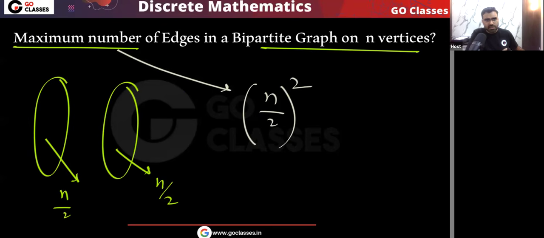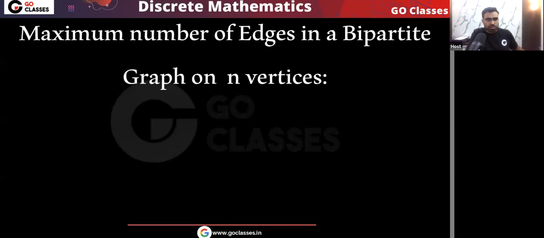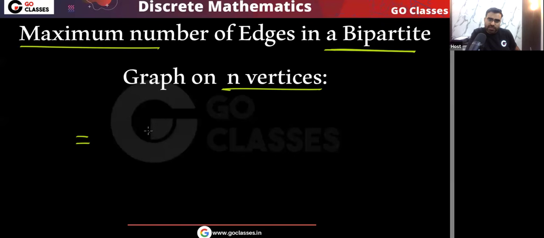Is this clear? This will be the answer. I hope you understood. So the maximum number of edges in the bipartite graph on n vertices will be n by 2 multiplied by n by 2, that is, n by 2 whole square.